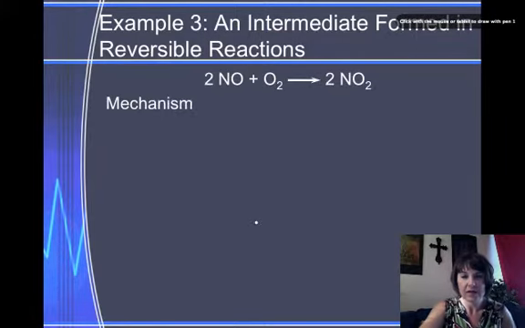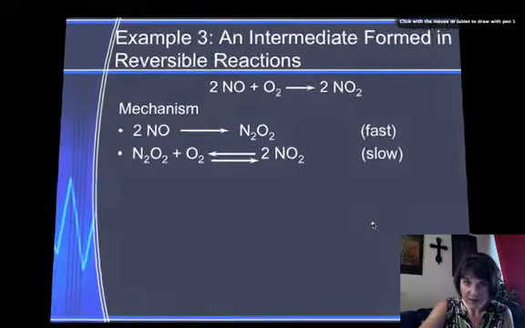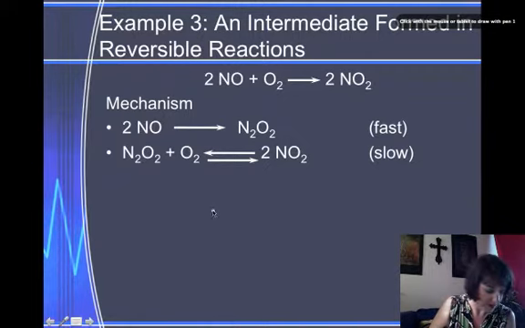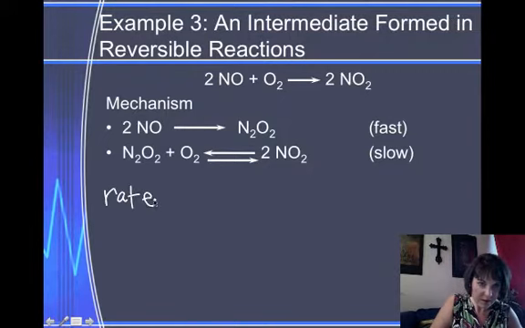So here's the reaction where we've got a mechanism provided. We know which step is the slowest step, and so now we have to write the rate law. Since the slow step is our rate determining step, we'll start out by writing our rate law with the reactants of our slowest step.